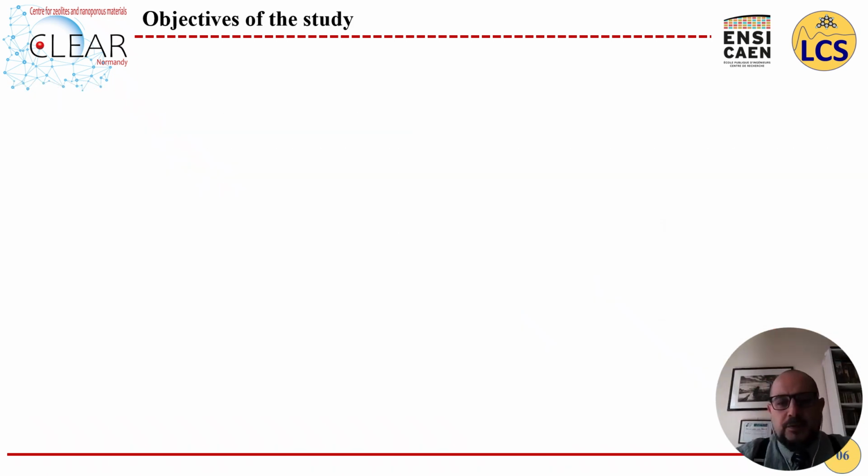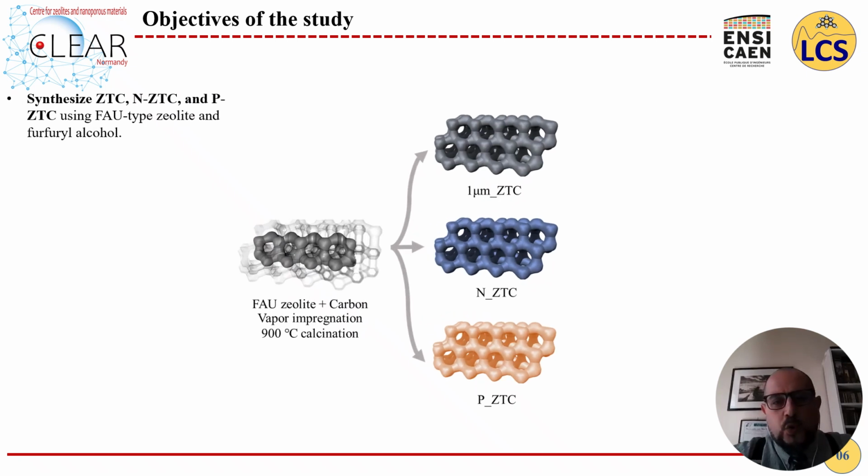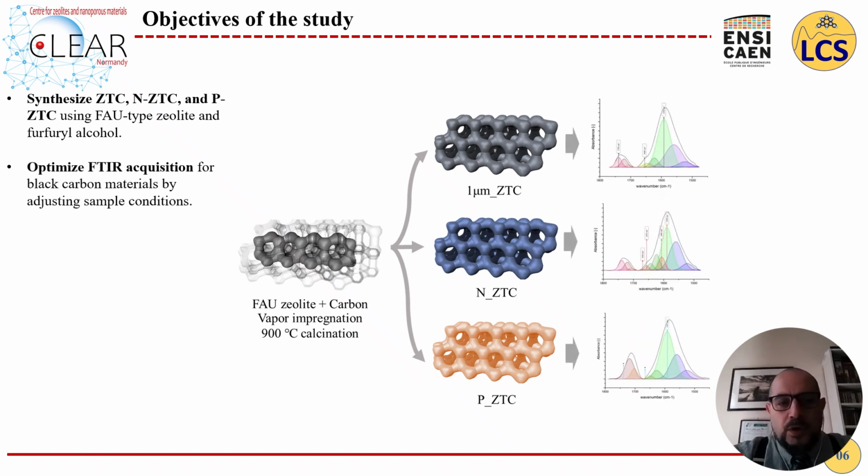As objectives in this work, we want to synthesize three types of ZTC materials: the parent one, a nitrogen-doped and a phosphorus-doped ZTC, using faujasite-type zeolite and furfuryl alcohol as a carbon source. We want to optimize the FTIR acquisition for black carbon materials by adjusting sample conditions.